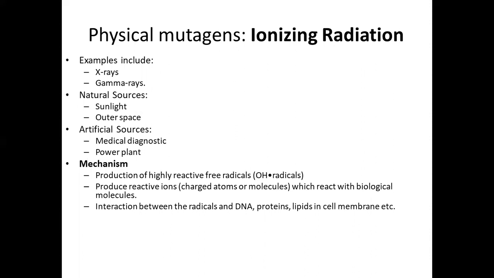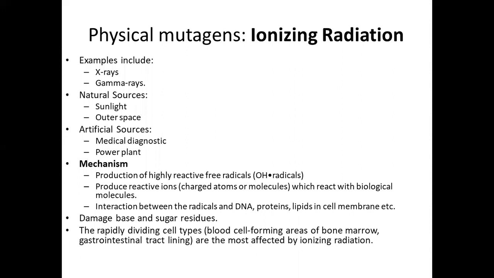And this radiation will lead to damage in the base and the sugar residues of DNA. Remember, DNA is composed of nitrogenous bases, sugars, and also phosphoric acid. So it's going to damage the base and the sugar residues in the DNA.